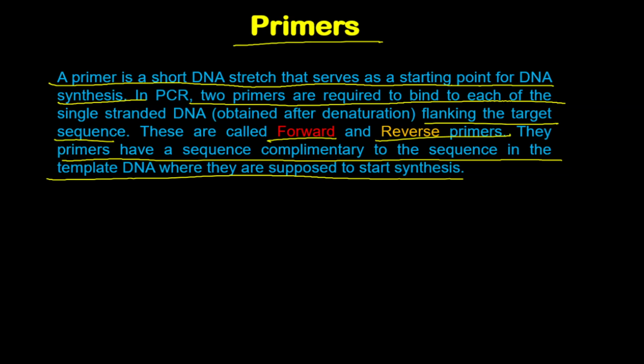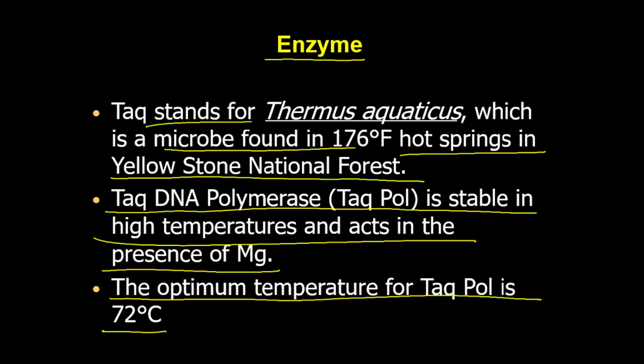These are called the forward and reverse primers because we are actually amplifying both the strands. So it will require a forward primer and a reverse primer. The primers have a sequence complementary to the sequence in the template DNA where they are supposed to start synthesis. As I told you, they are made complementary to the DNA we are amplifying.